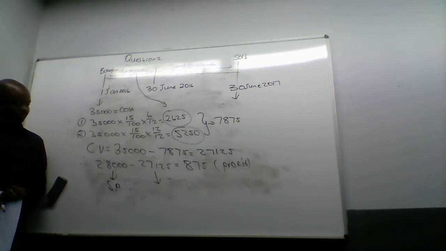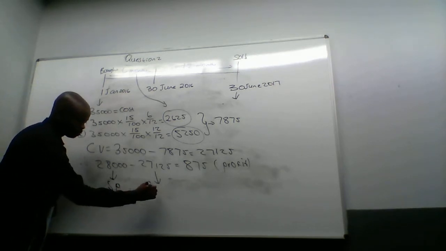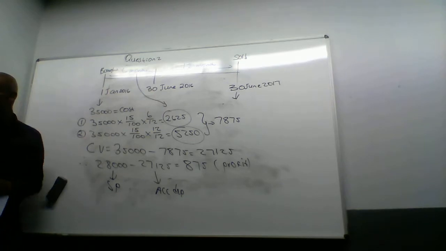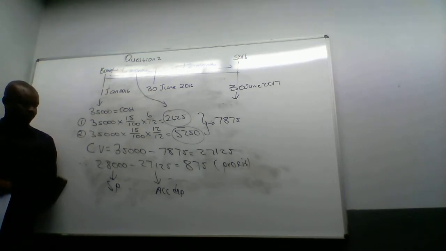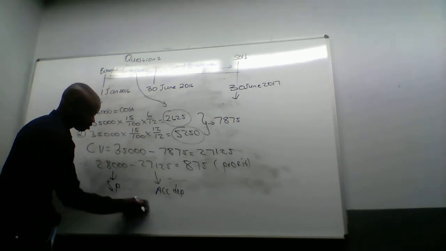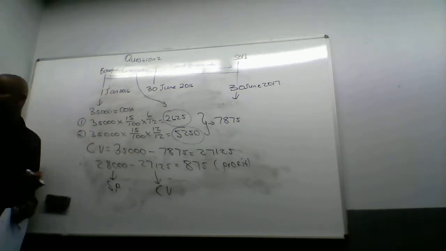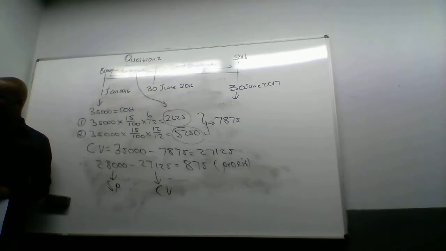And then you take the total actual cost minus the total accumulated depreciation, and I think that gives you the carrying value. But remember, the asset is depreciated for 18 months, not 30 months.